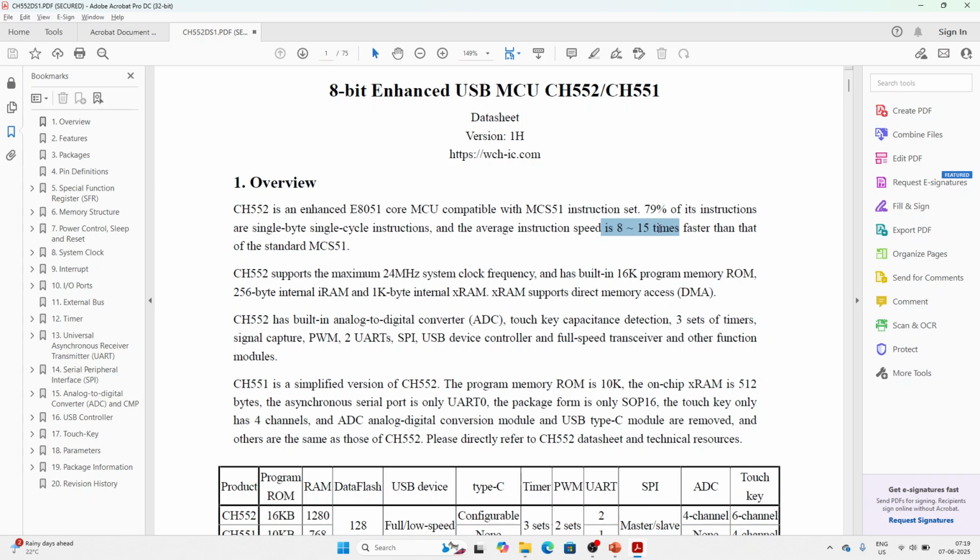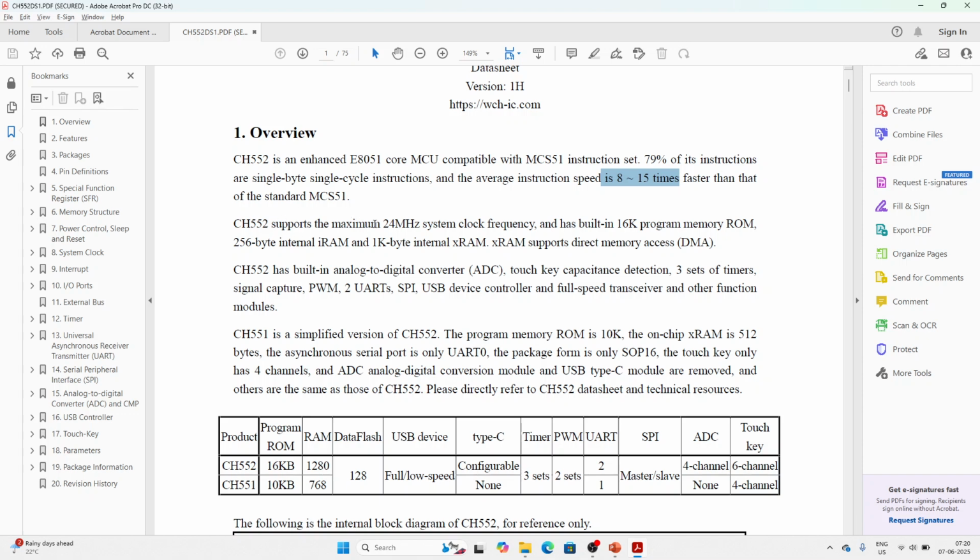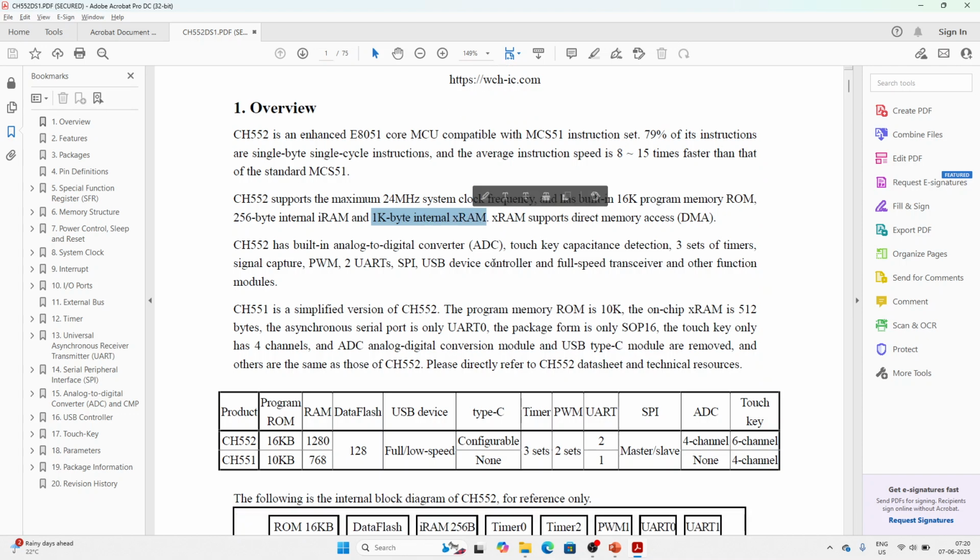That means it runs 8 to 15 times faster than the standard 8051. This also supports a 24 megahertz clock frequency. It has built-in 16 kilobyte program memory, with 256 bytes internal IRAM and 1 kilobyte internal XRAM, right?